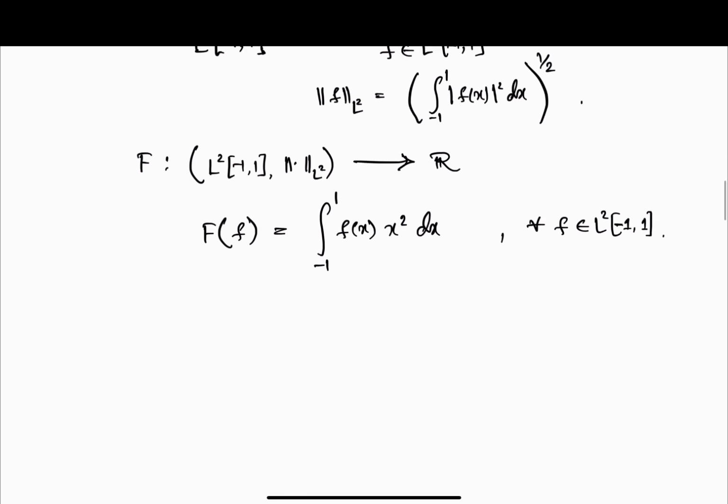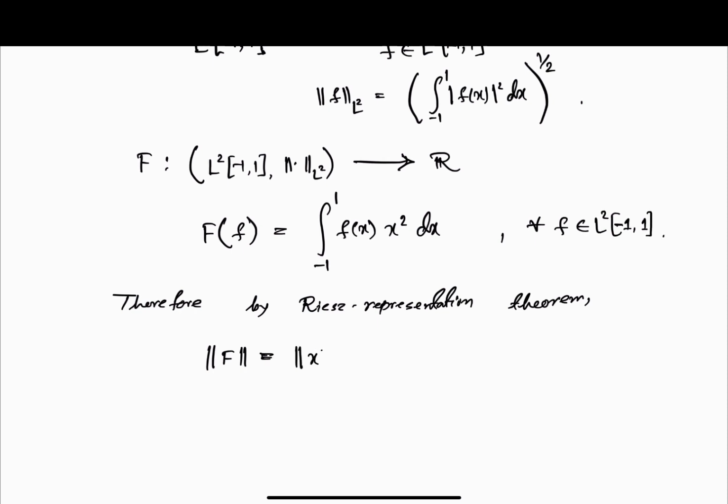So therefore, by the Riesz representation theorem, the norm of F will be the norm of x square in L2 of minus 1 comma 1.